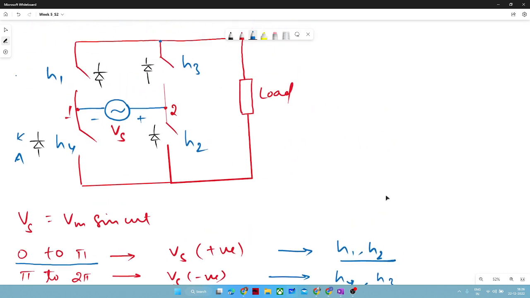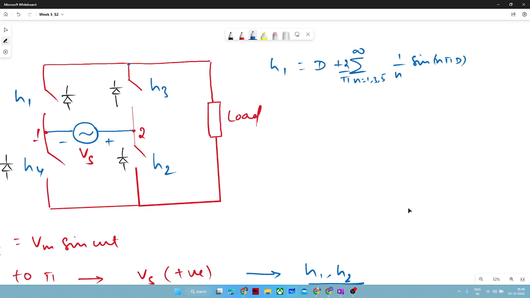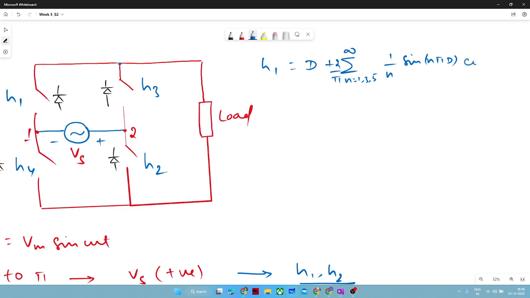So again, I will write the switching function because I like the switching function very much. 2 by pi, n equal to 1, 3, 5 up to infinity, 1 by n sin n pi d cos n omega t.